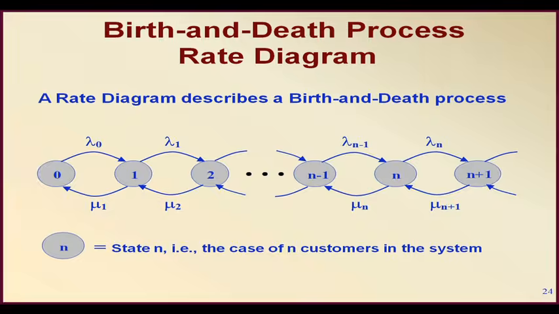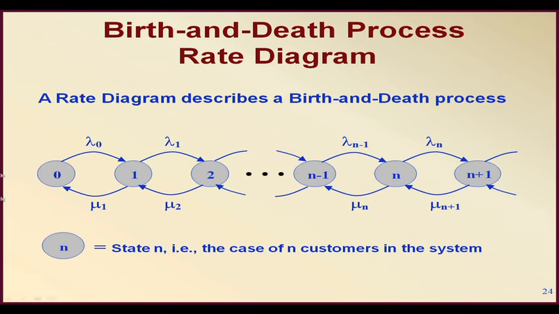So, the precondition for reaching steady state is that lambda should be less than mu, or in other words, the utilization rho, which is lambda by mu, should be less than 1. That is the first requirement. Once that is possible, only then can the rate diagram of the birth and death process be constructed.